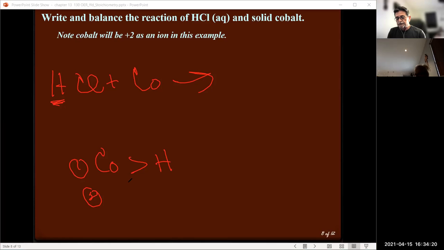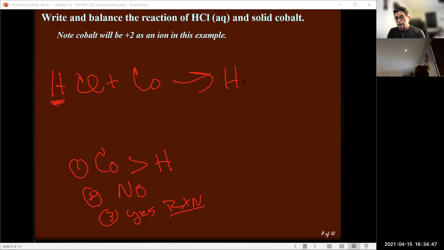Second question is this: is the most reactive metal slash hydrogen in ionic form? And the answer is no, because cobalt is not in an ionic form. Therefore, yes for a reaction. Yes, reaction.